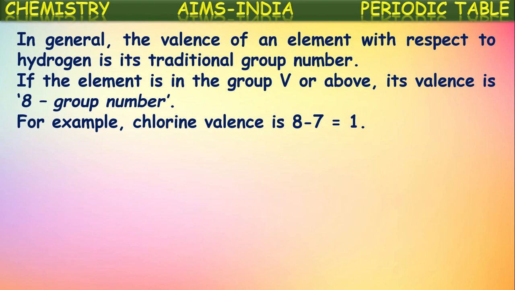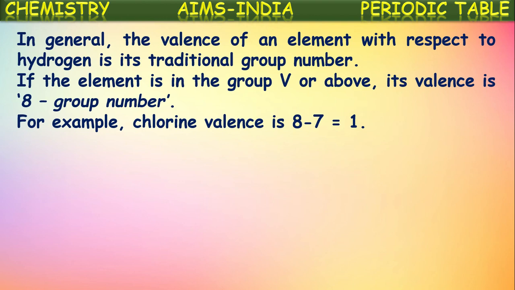In general, the valency of an element with respect to hydrogen is the traditional group number. If the element is in group 5 or above, its valency is 8 minus the group number. If the group number is between 1 and 4, the group number is directly considered as its valency.